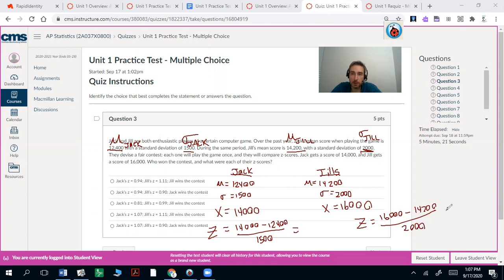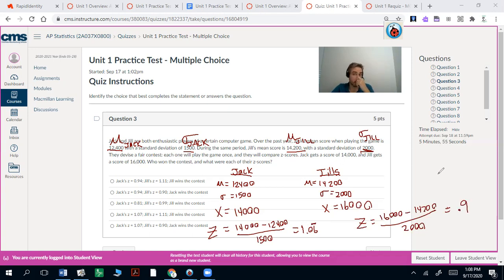Take a moment to crunch those numbers. Okay, for this one, I'm getting 1.06 repeating. And then for this one, I'm getting 0.9.